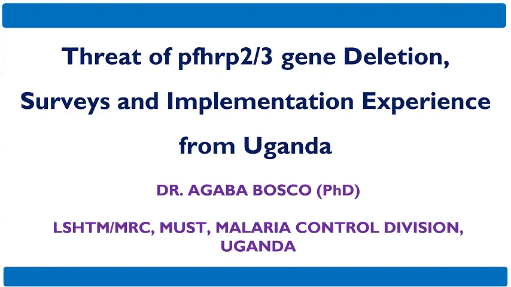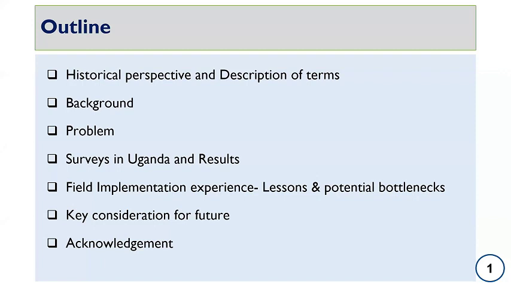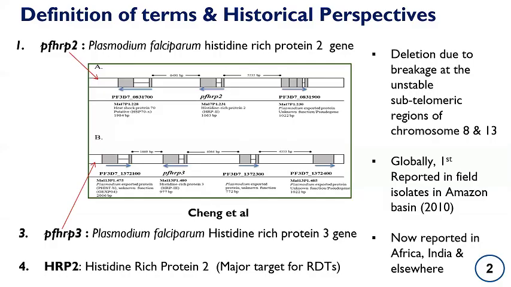So today I'm very happy for an opportunity to speak at this very important forum on a very important topic. I'm going to follow this presentation outline, just for the case of understanding the terms that I'm going to use as we present along.